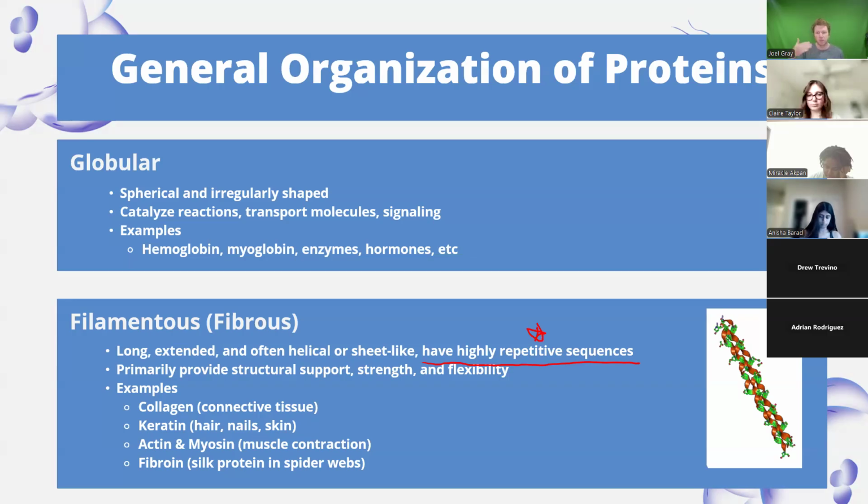There's a repetitive pattern, and that pattern might be three unique amino acids like lysine, arginine, alanine, repeated over and over again, or it might be a little bit longer, something like lysine, arginine, then a break of 10 amino acids, then that same lysine, arginine sort of thing. So there's some repetition and there are patterns that people recognize about them.